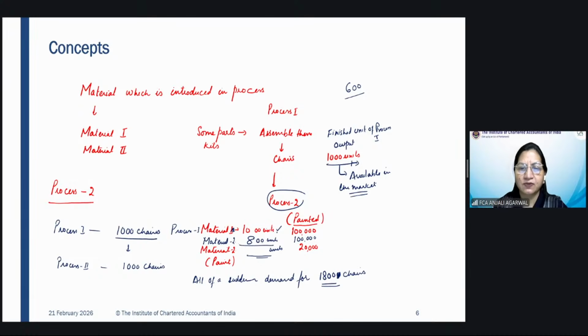Okay, so this is how the total system works. But whatever is the output of process 1, it should have a ready market so that it can sell when needed and it can be purchased from there when needed. When demand is short, output of process one may also be sold. When demand is high, process two may also purchase the units from the market.